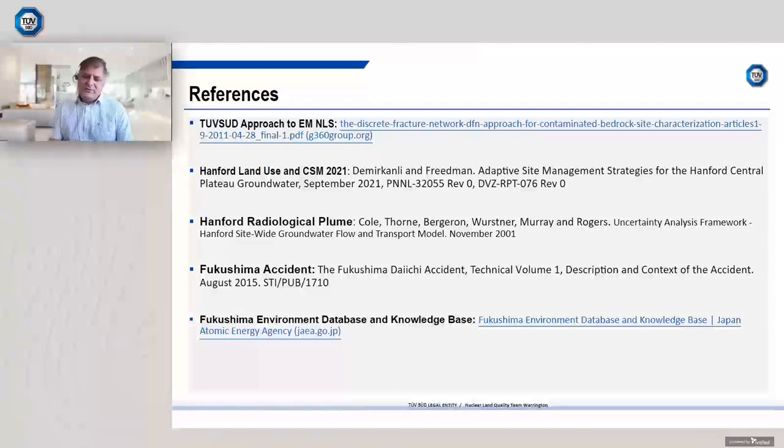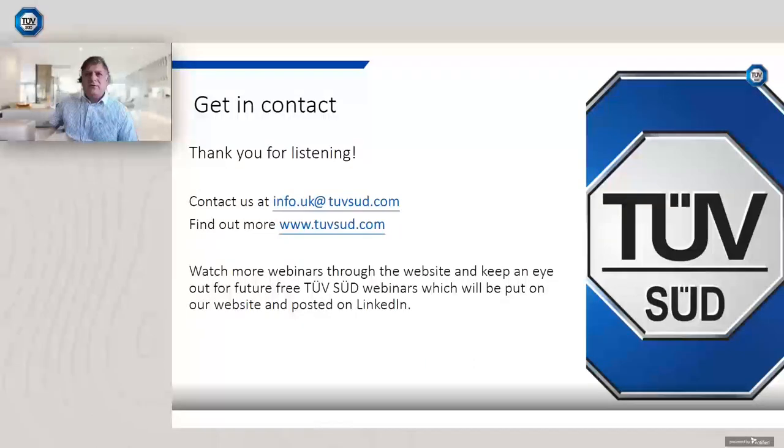I use this paper quite regularly in terms of understanding the characterization and how to reduce the characterization loop on projects. I find this quite useful. I believe it's an old piece of work, but it's quite useful. And that should be it.